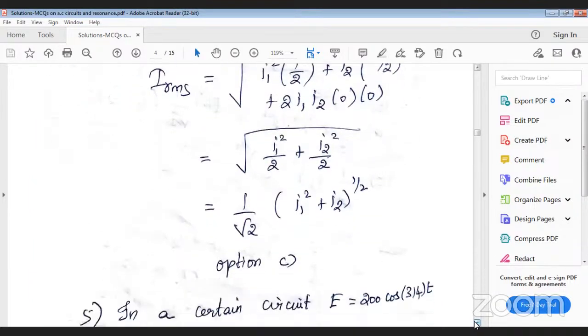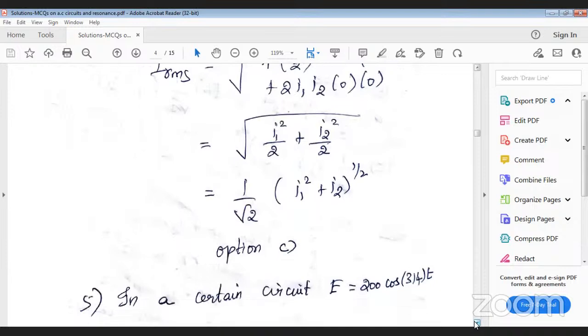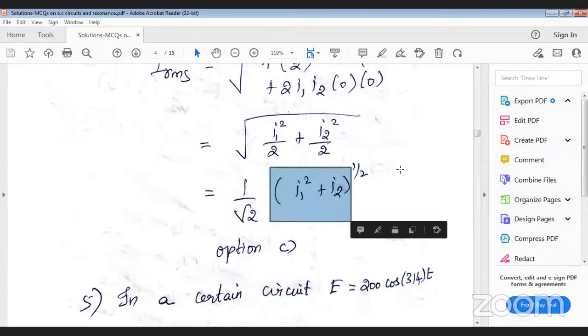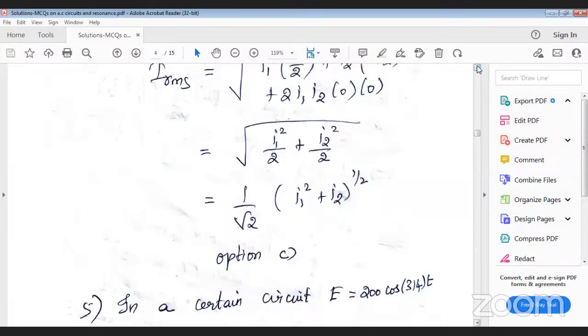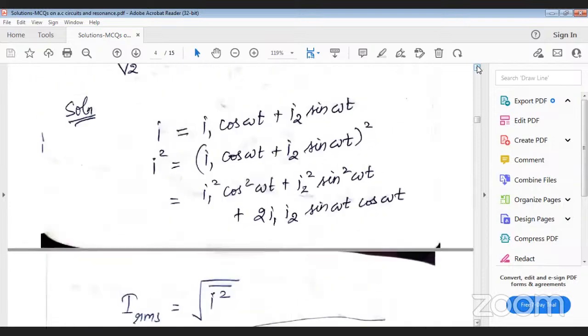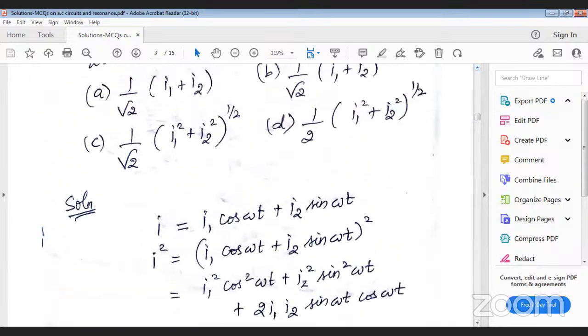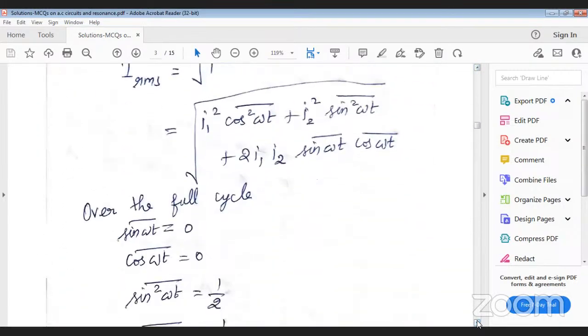And then you need to take the square root, and you can take 1 by root 2 as common outside. The square root of I1 squared plus I2 squared means power 1 by 2, that is (I1 squared plus I2 squared) whole power 1 by 2. That is option C in the question. They have given option C. That's the right option here.